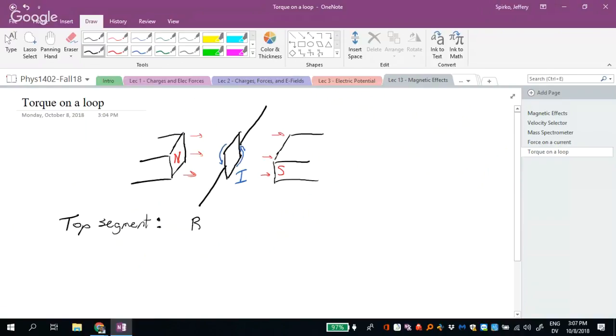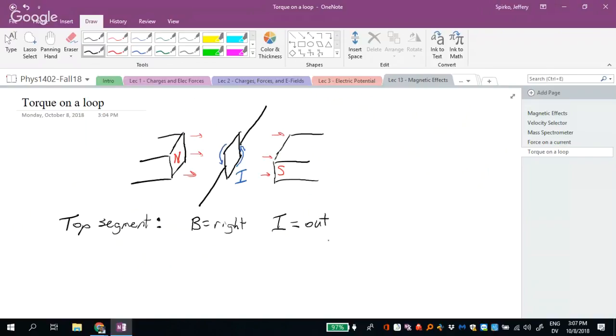So B equals right, I equals out, because the top segment of the loop has the current coming toward us in my pseudo 3-dimensional drawing here. So I want to figure out the direction of the force. Current's coming towards me.